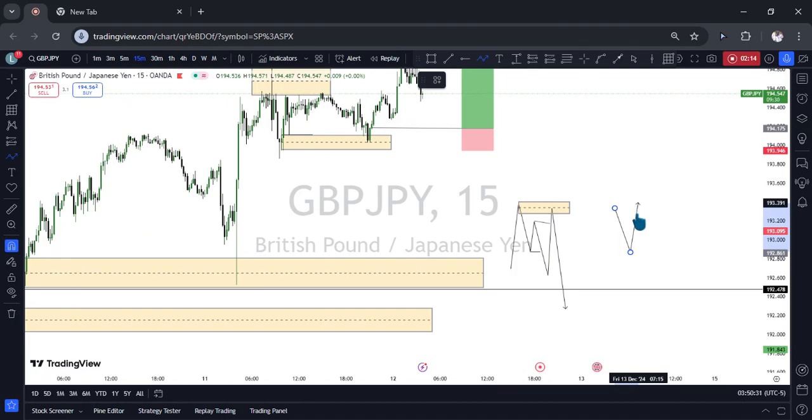It might go something like this, then come back, break structure again, then the market comes to take the liquidity or the inducement around the low, and pushes to the upside, or takes the inducement and taps into the order block at the extreme area, right?